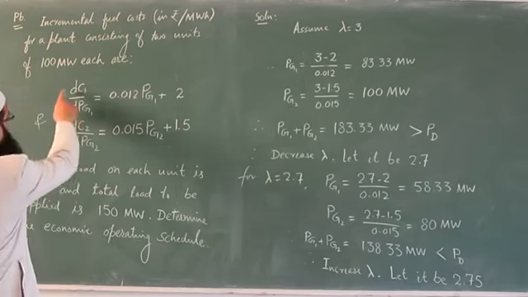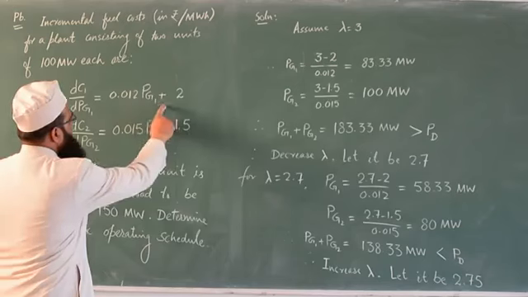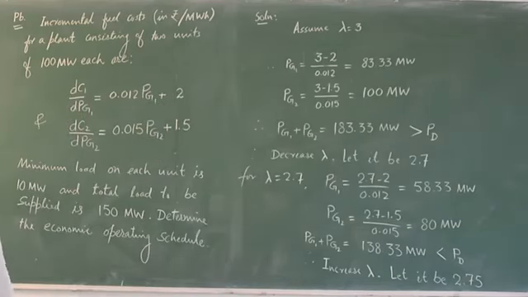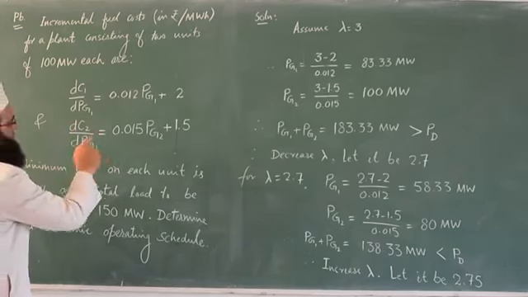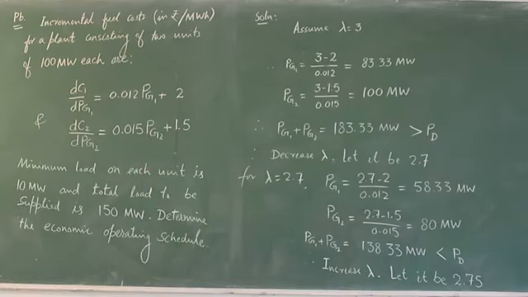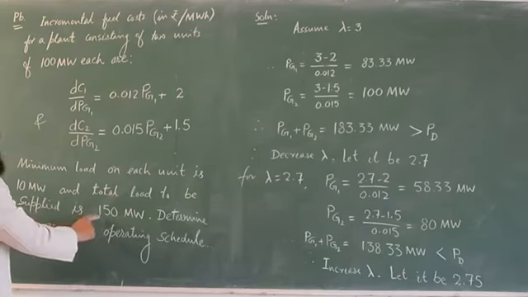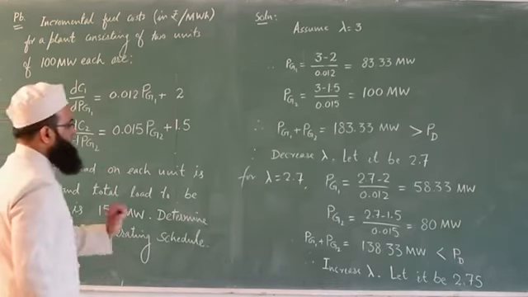For unit 1, dC1 upon dPg1, that is IC1, is given by 0.012 Pg1 plus 2, and IC2 for the second generating unit, dC2 upon dPg2, is equal to 0.015 Pg2 plus 1.5. The minimum load, that is PGI min, on each unit is 10 megawatt, so we can't load any unit below this, and the total load to be supplied, that is demand PD, is equal to 150 megawatt. Determine the economic operating schedule.